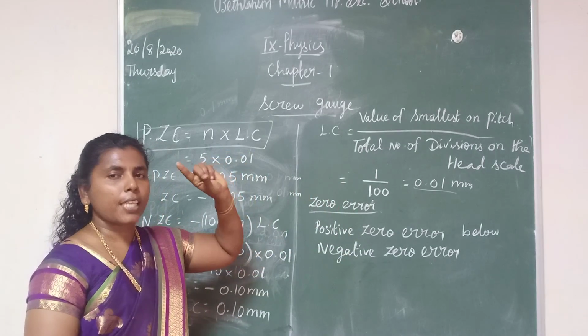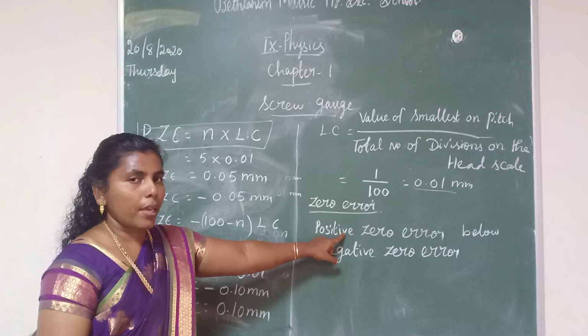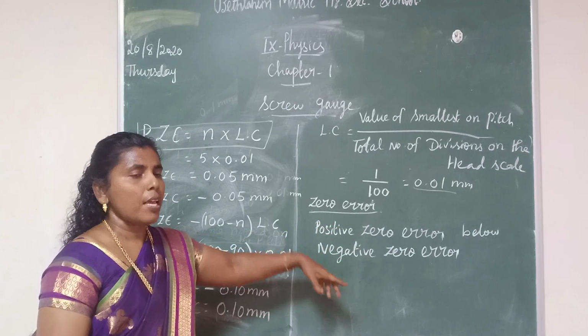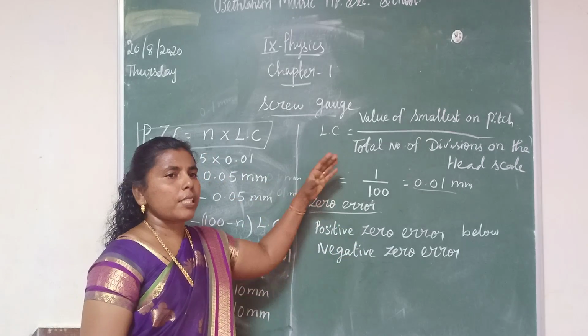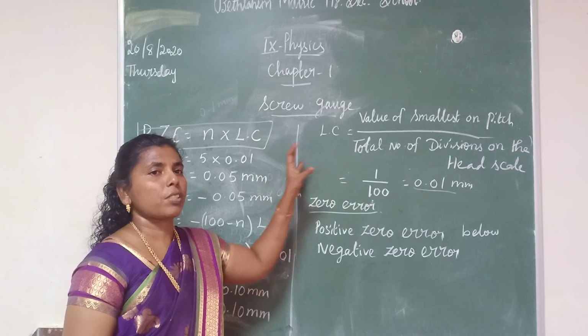Like that you have to find the error. So there are two types of error, positive zero error and negative zero error. If there is no error, the 0 of the head scale coincides with the pitch scale axis.